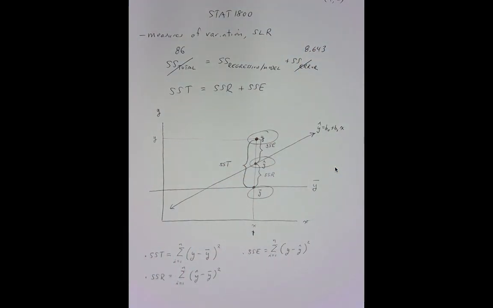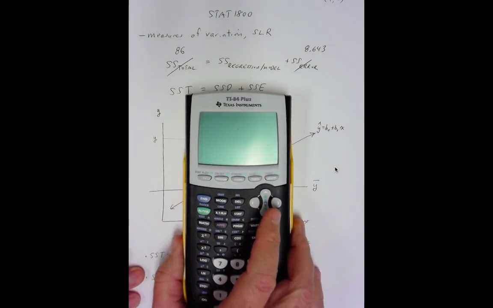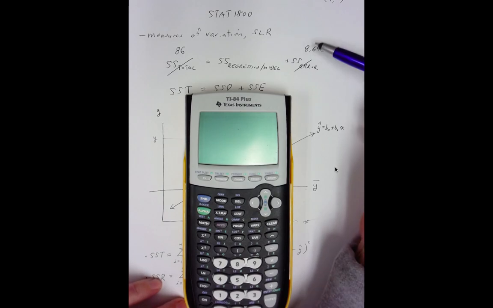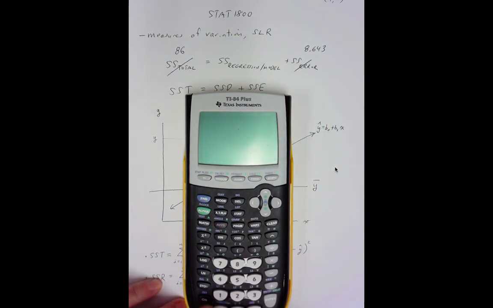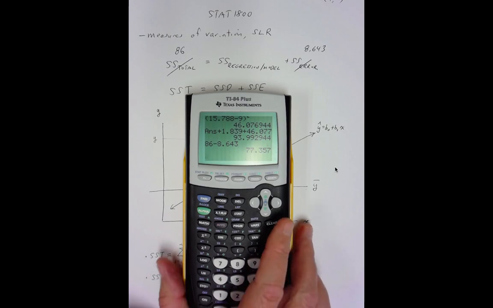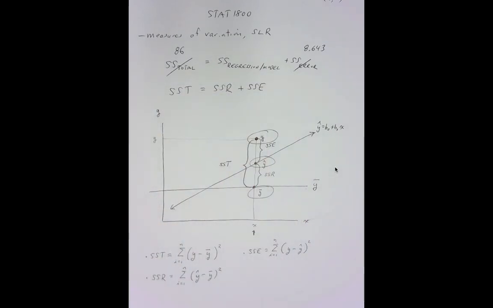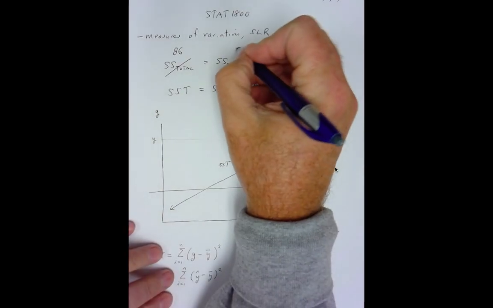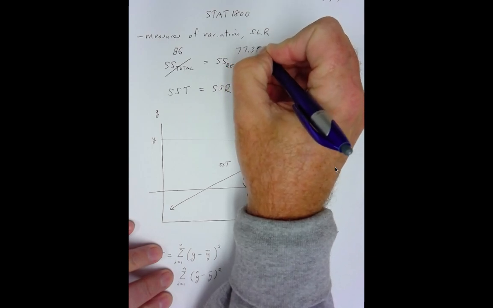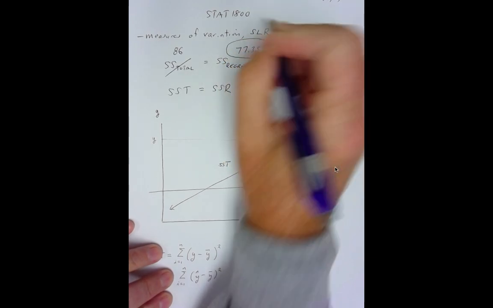Now, gang, if I'm telling you the truth, what does the sum of squares for the regression have to be? Well, this plus this has to be equal to 86, so 86 minus 8.643. So the sum of squares for the model has to be 77.357. Well, let's check it out.